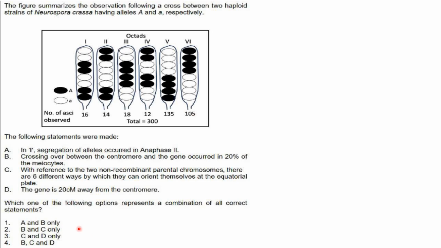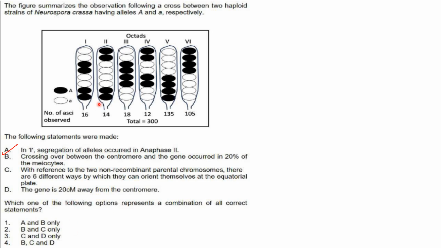Now see the statements. In the first, the segregation of allele occurred in anaphase 2. Yes, in the first assay they occurred in anaphase 2. That is why it is showing second division segregation ratio. So first is correct. Crossing over between the centromere and the gene occurred in 20% of the meiocytes.